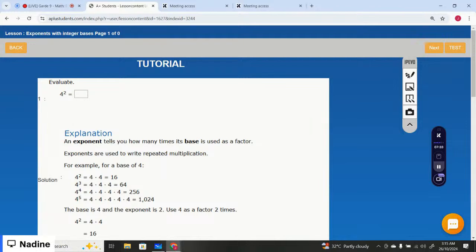So that is 4 times 4. Yes, you have to do 4 times 4, so 16 it is.